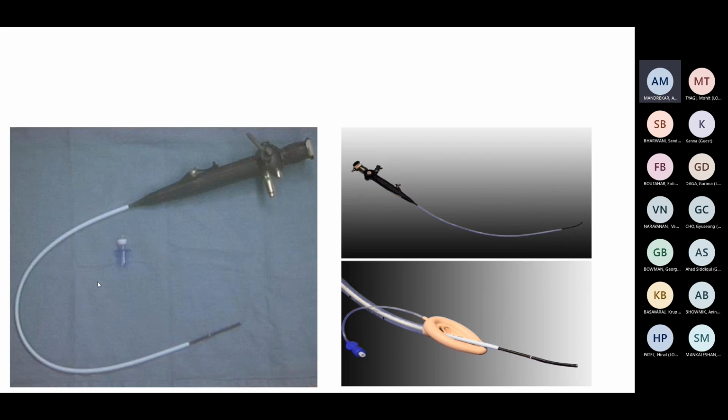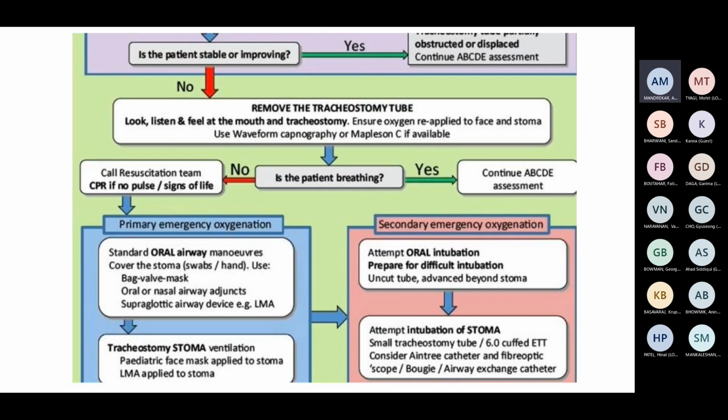So this is to give us a good visualization of where the tip of the bougie or the laryngeal mask is going, and ensure that we're putting it in the right place.